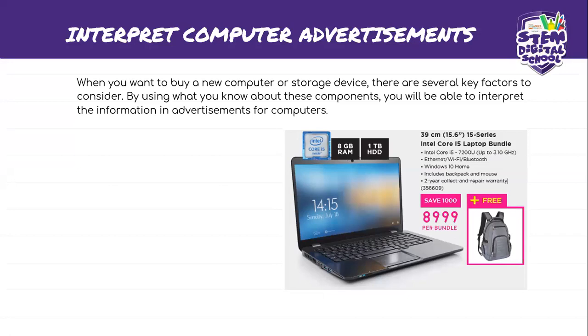Now you know the roles of these components: the motherboard, the CPU, RAM, ROM. By knowing the role of these components, as from today, you should be able to choose a computer.